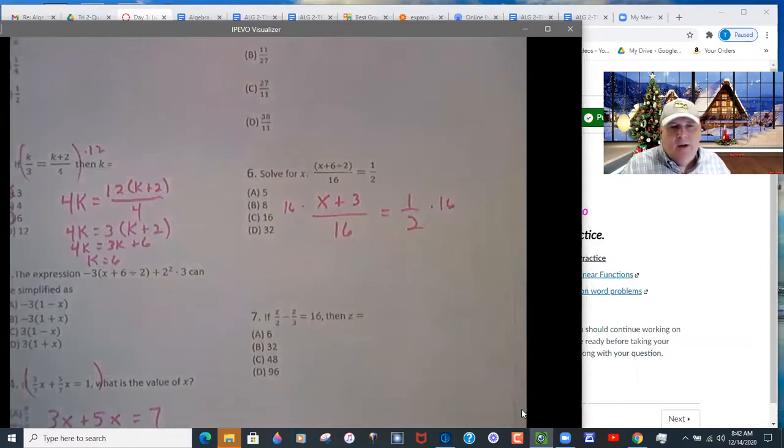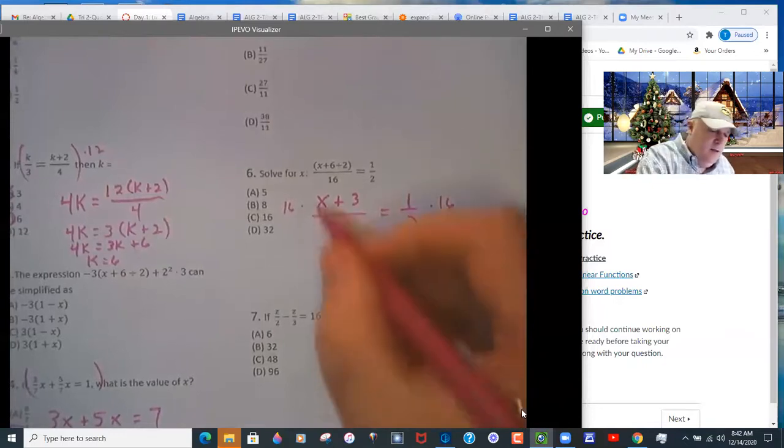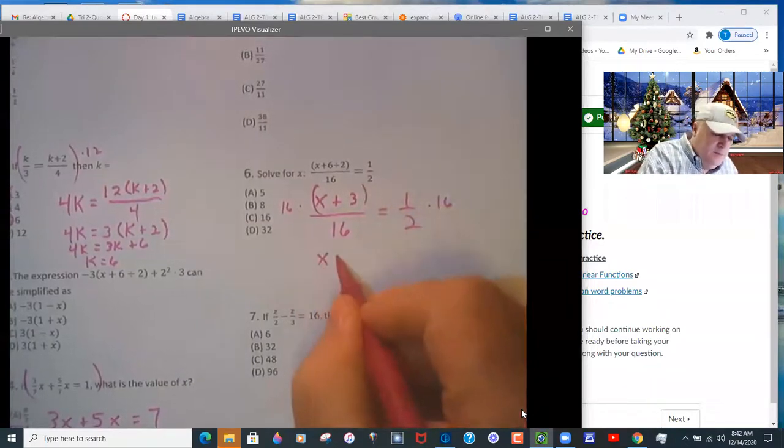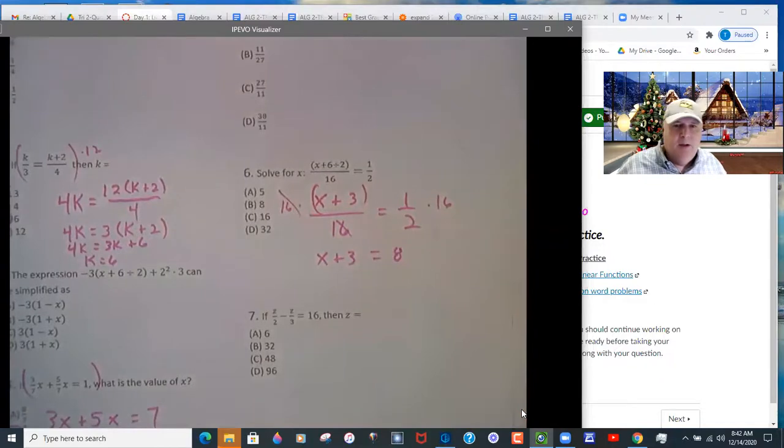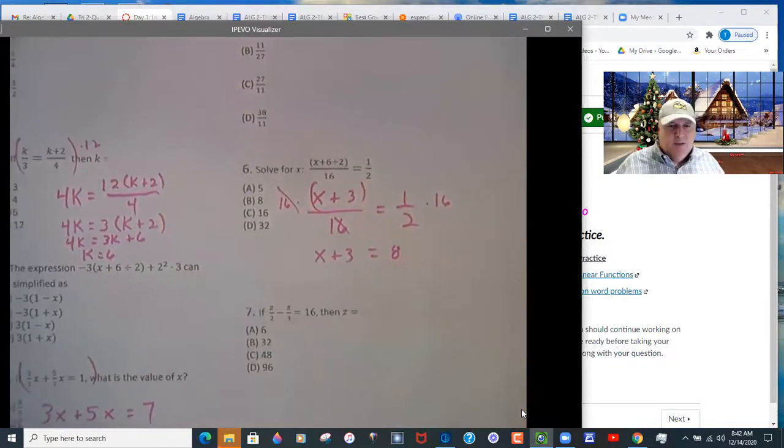And so what I meant to say is that a lot of times this just looks different each time. And it's not an easy thing to learn, but it's a very good thing to learn because look how much simpler this problem became. X plus 3 equals 8.